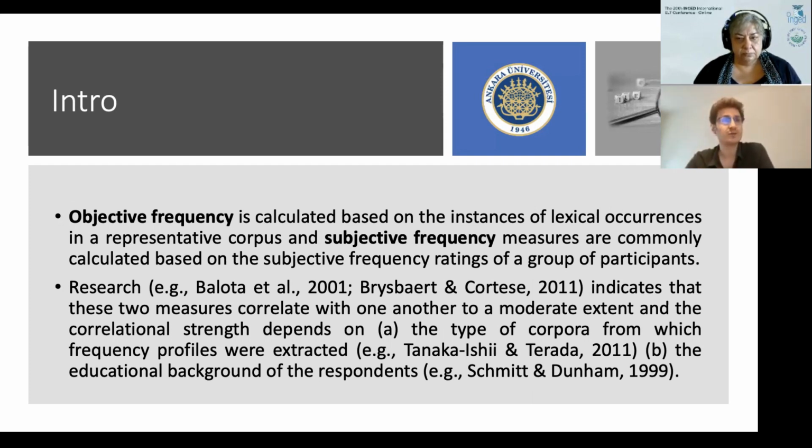And so far, research has indicated that these two measures correlate to a moderate extent, and the strength of the relationship depends on the type of corpora from which we extract the frequency profiles, and also the educational background of the participants, of course.